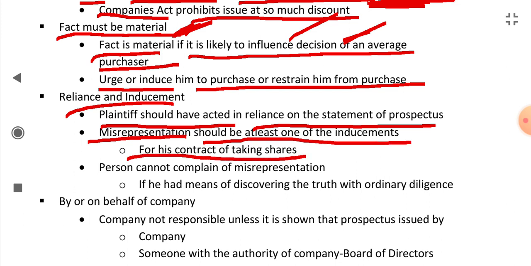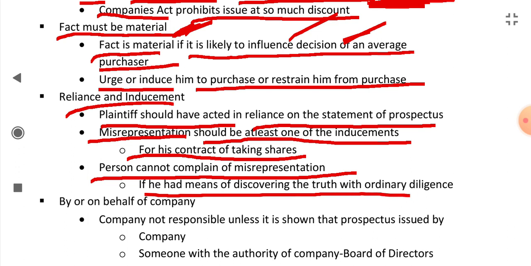A person cannot complain of misrepresentation if he had means of discovering the truth with ordinary diligence. If the person could have known the truth by ordinary diligence, by ordinary common sense, and he did not apply it, then he cannot complain of misrepresentation.